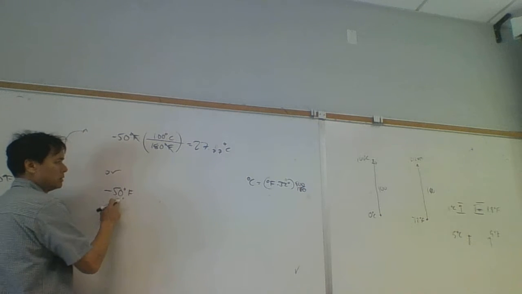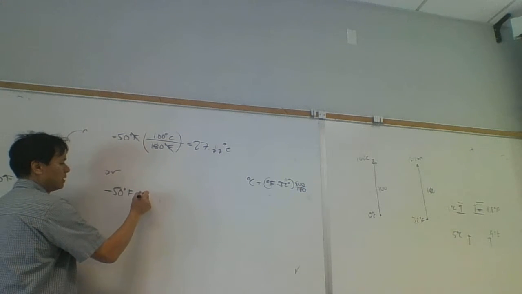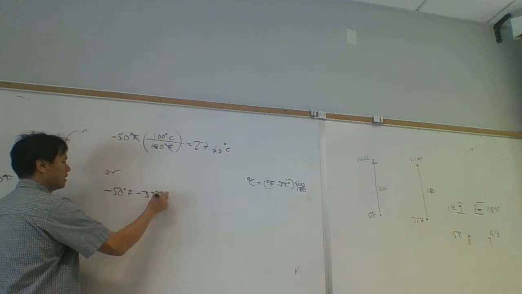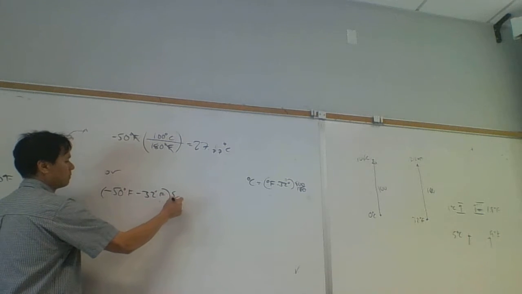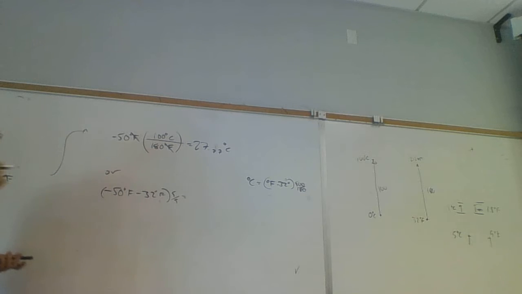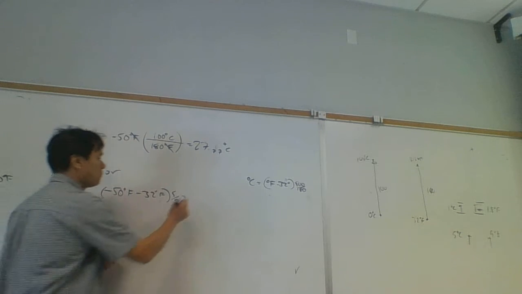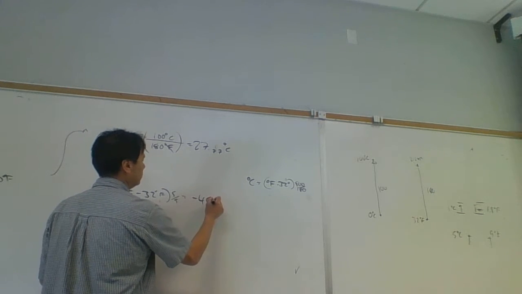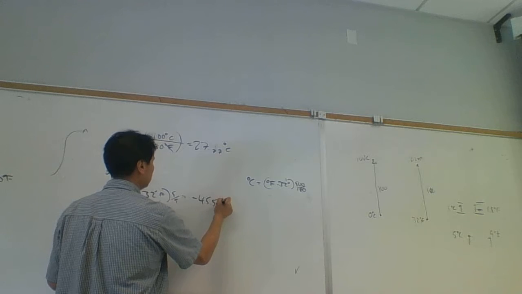And so it would be minus 50 degrees Fahrenheit minus 32 degrees Fahrenheit times 5/9. So that would be that equation there. So let's do that. So 50 times 5 divided by 9 minus 45.5 degrees C.